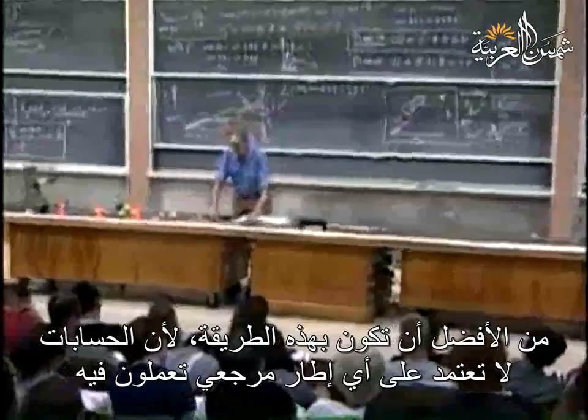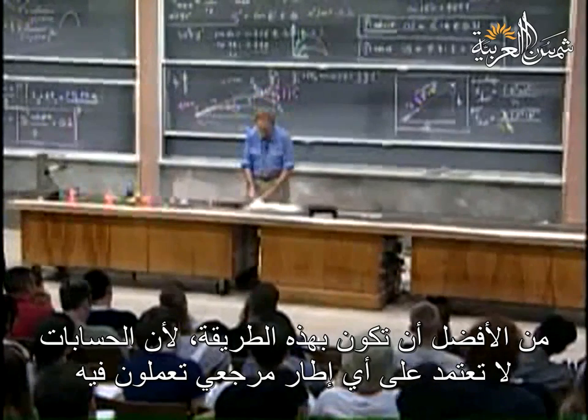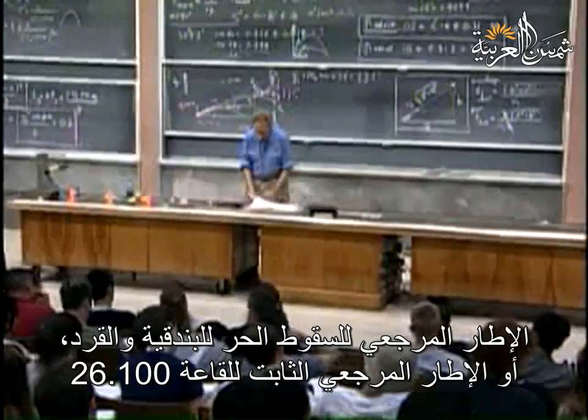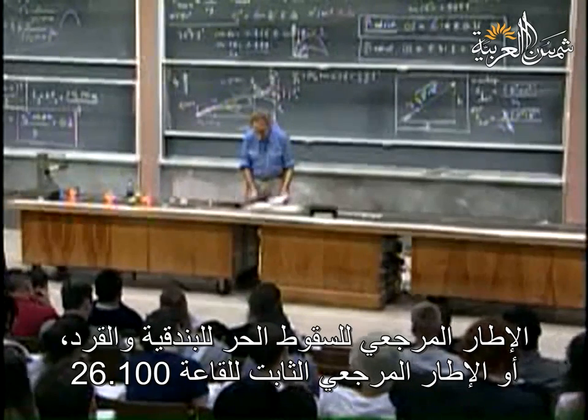It better be that way, because this could not depend on which reference frame you work in, the falling reference frame, or, for that matter, the reference frame of 26,100.